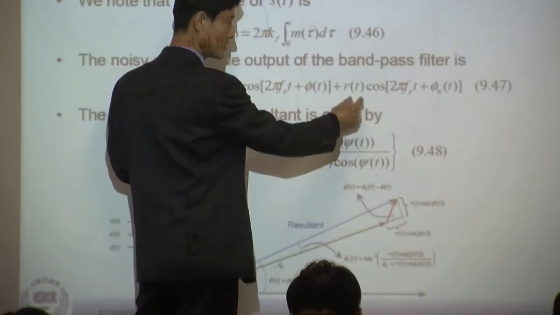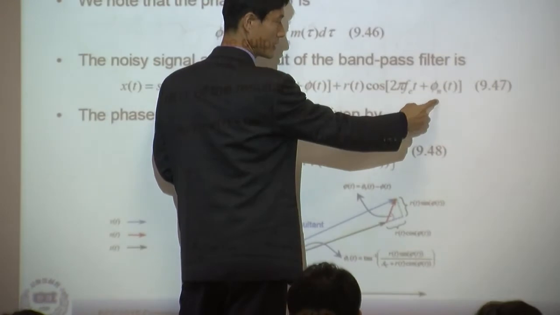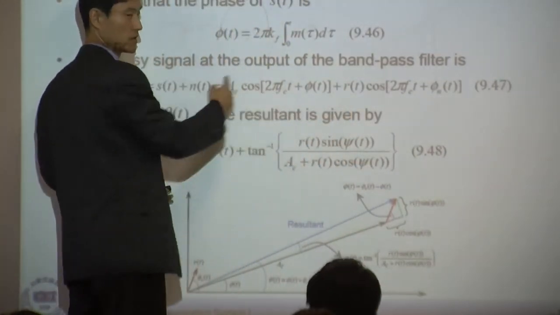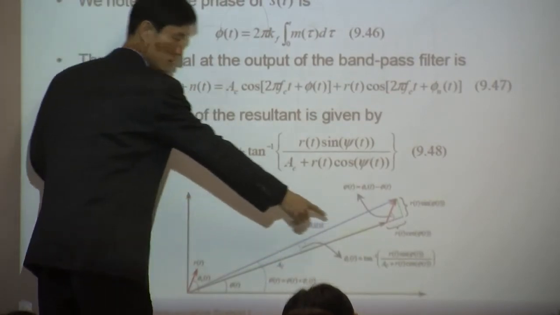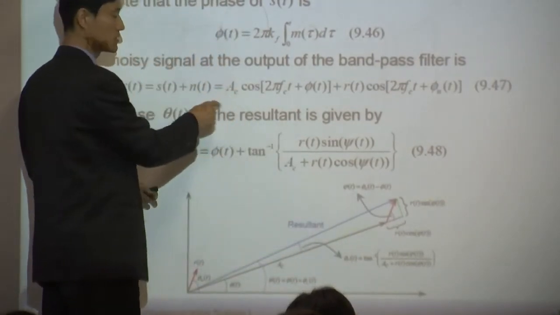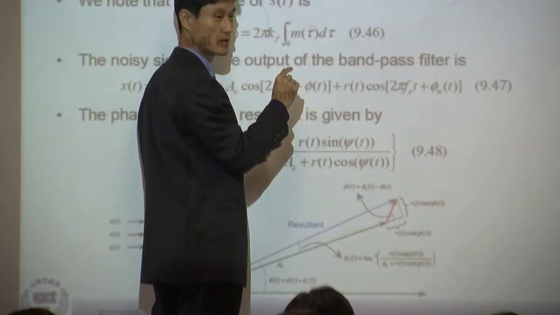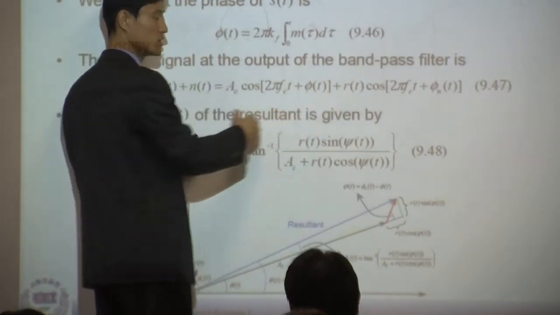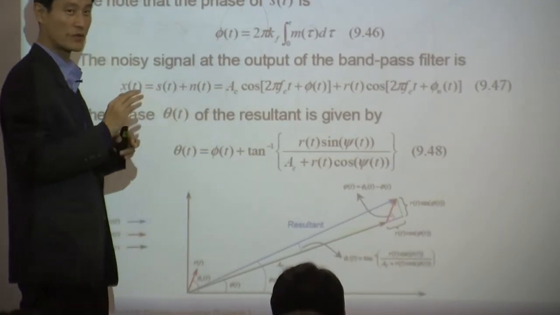Why is that? Because this R t is the noise amplitude, and the cosine is still a part of your noise. This is your signal. Typically A c, which is this big arrow, is much bigger than the noise amplitude. Why? Because if the noise amplitude is even bigger than the signal, then you're not going to receive it anyway.